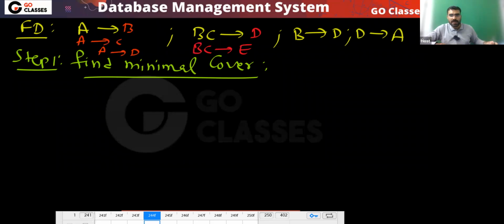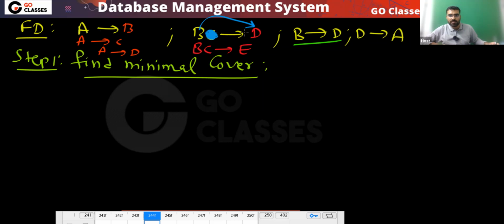Now you tell me, what is extra here? Can B determine D? Yes, B can determine D, right? So you can remove this complete thing, because B can determine D. So C is extraneous.